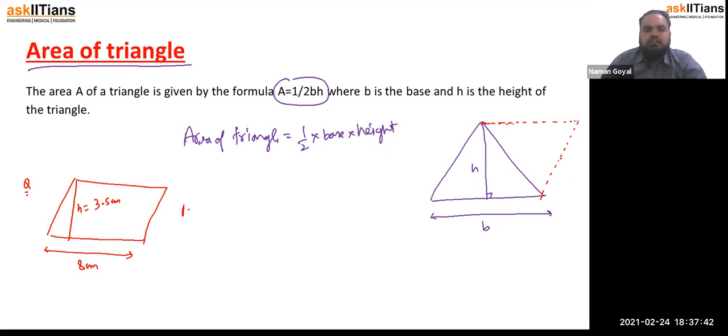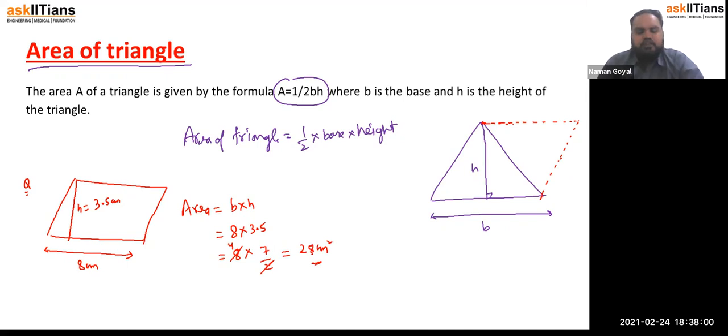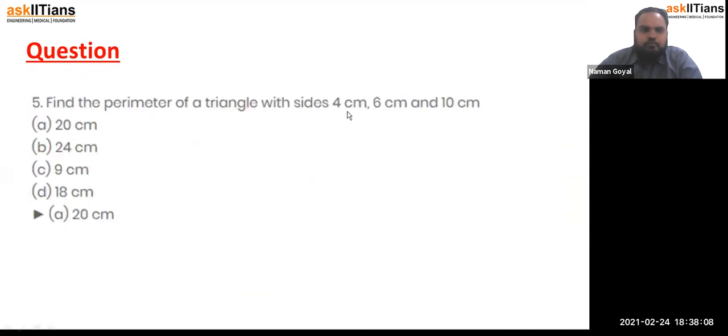So what is the area of this figure? Area of parallelogram is base into height, so it will be 8 into 3.5, right? 8 into 3.5 can be written as 7 by 2. So it will be cancelled out 4 times, 28 centimeter square. So this is the area of that particular parallelogram.